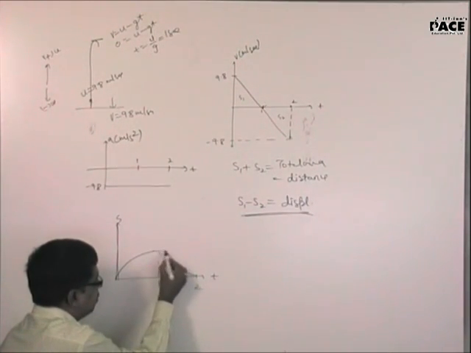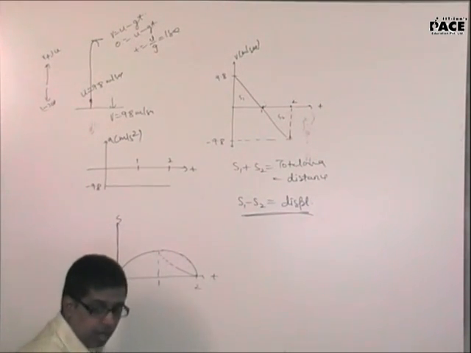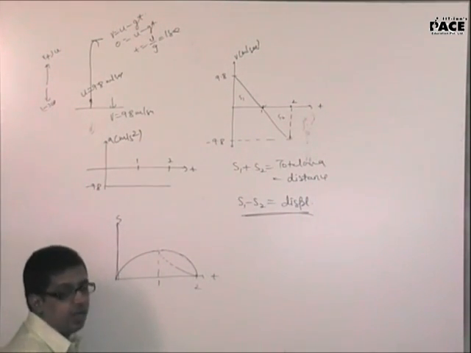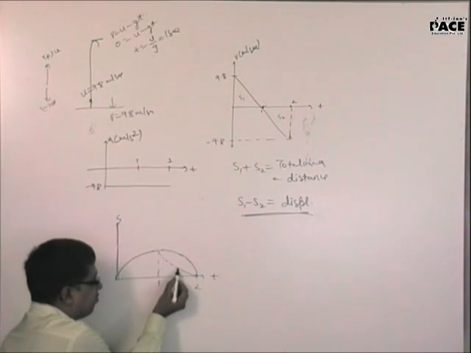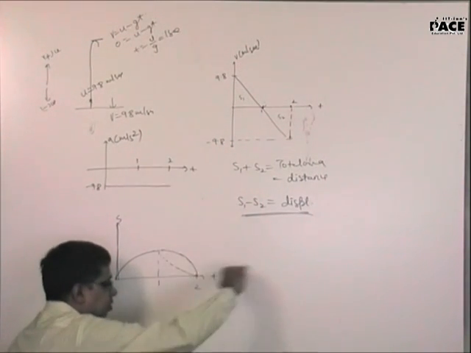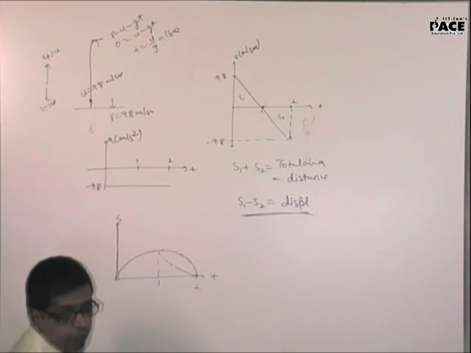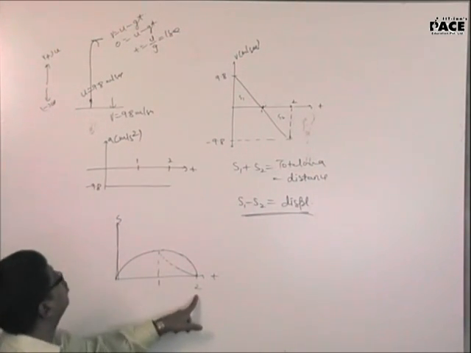Either this or this. Both of them are parabolas. Now which of them will be preferred? For me, the second one will be preferred, because if I opt for this dotted line, for me slope is decreasing. If it is coming this way at the lowermost point, there is a possibility slope becomes 0. And slope should not decrease for me when I am going from 1 to 2 seconds.